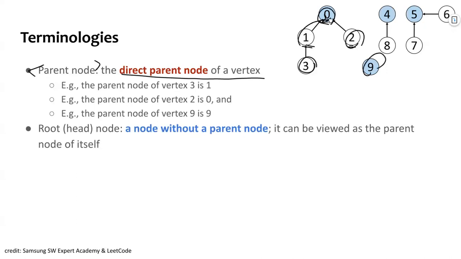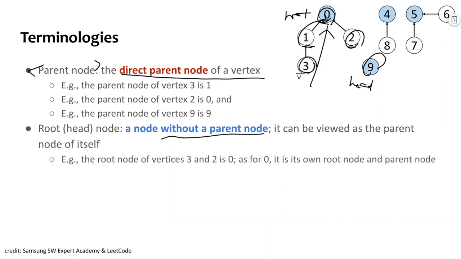And we say this parent or representative, a node without a parent node, or we sometimes say a node whose parent is itself, is the root. So these colored nodes are roots, or we sometimes use the term head. And it can be viewed as the parent node of itself.